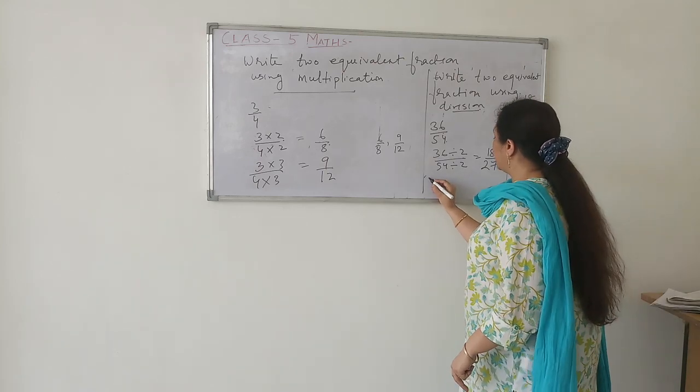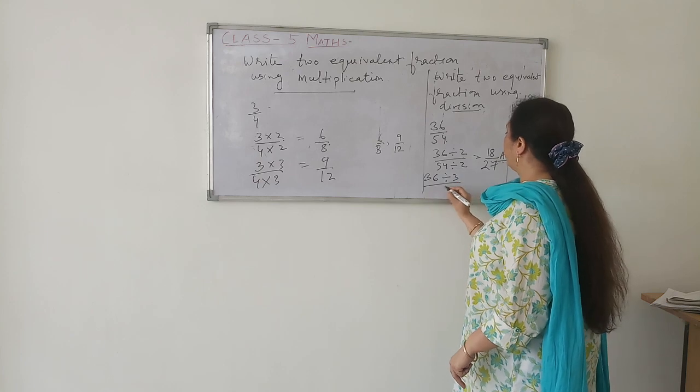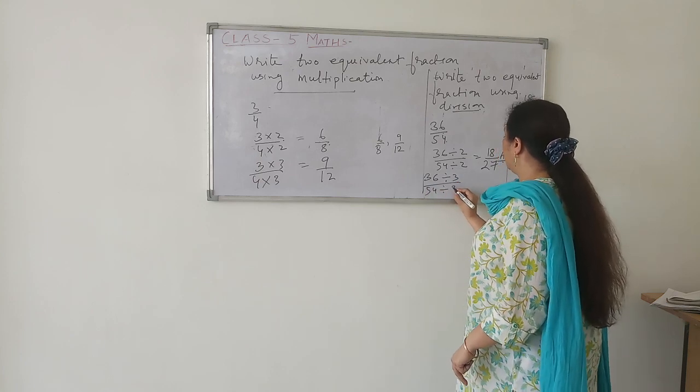First, and then the second fraction it will be 36 divided by 3 and 54 divided by 3.